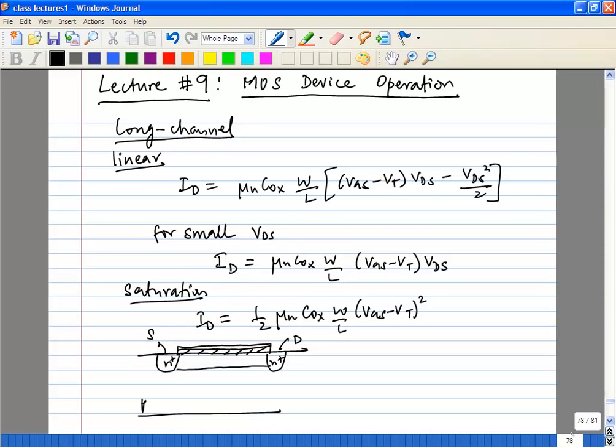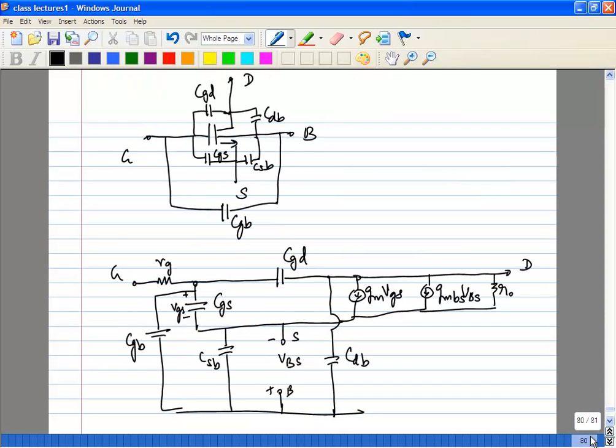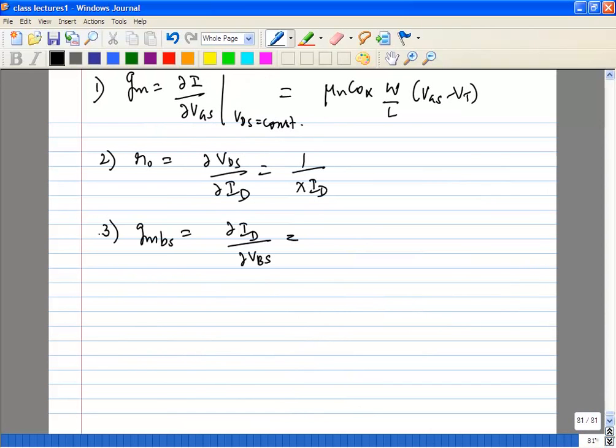VT. So VT is the only one which depends on VBS. So this is some eta times Gm, where eta is gamma over 2 phi f, times Gm. Okay?